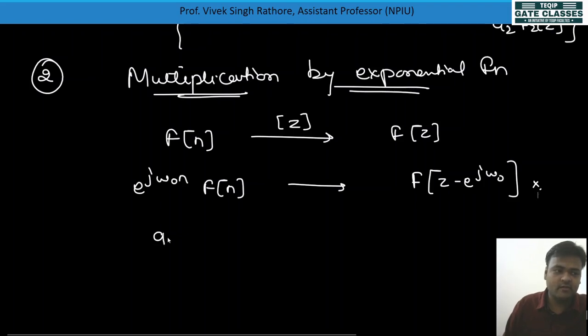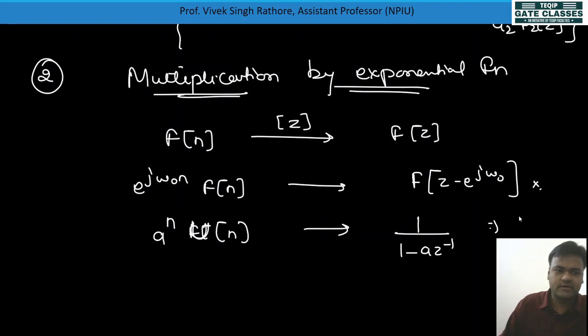Like in the last lecture we have seen a to the power n into f of n, or a to the power n u of n, you have seen already that it will be 1 by 1 minus a z inverse, or z by z minus a with ROC mod z greater than mod a.